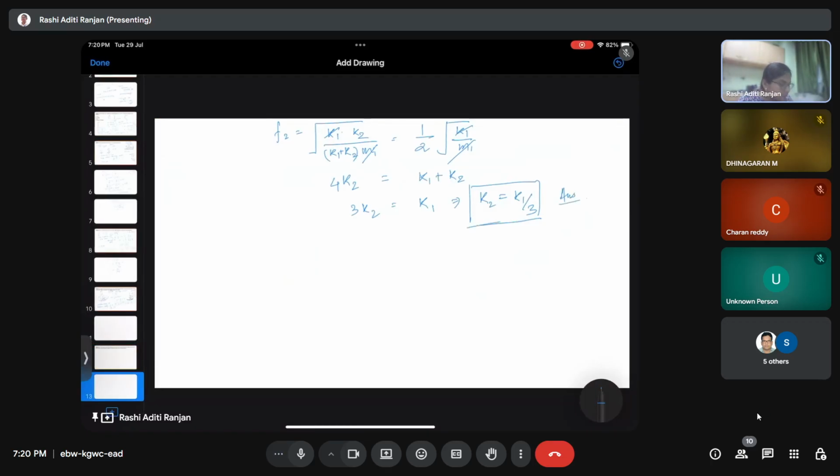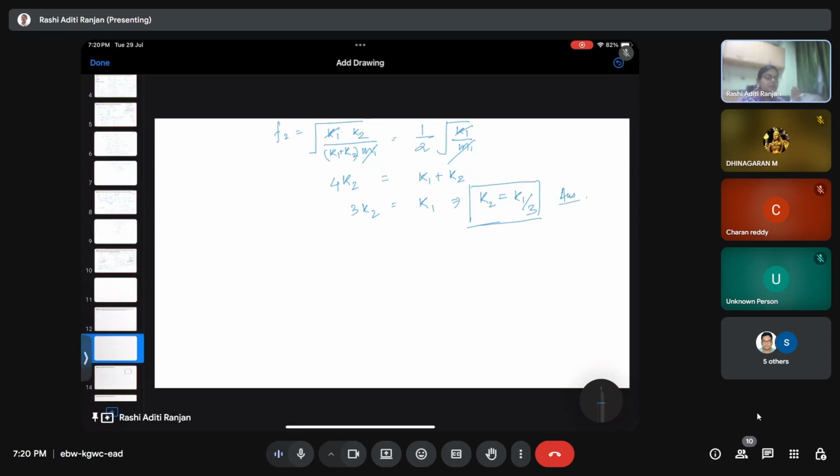These kinds of things are really helpful when we try to design the system such that we can tune the natural frequency of the system. For example, I had a system which had a frequency of, let us say, 20 hertz. But now I am forced to give it an input excitation with a frequency of 20 hertz only. So it is going to operate in resonance, which I don't want.